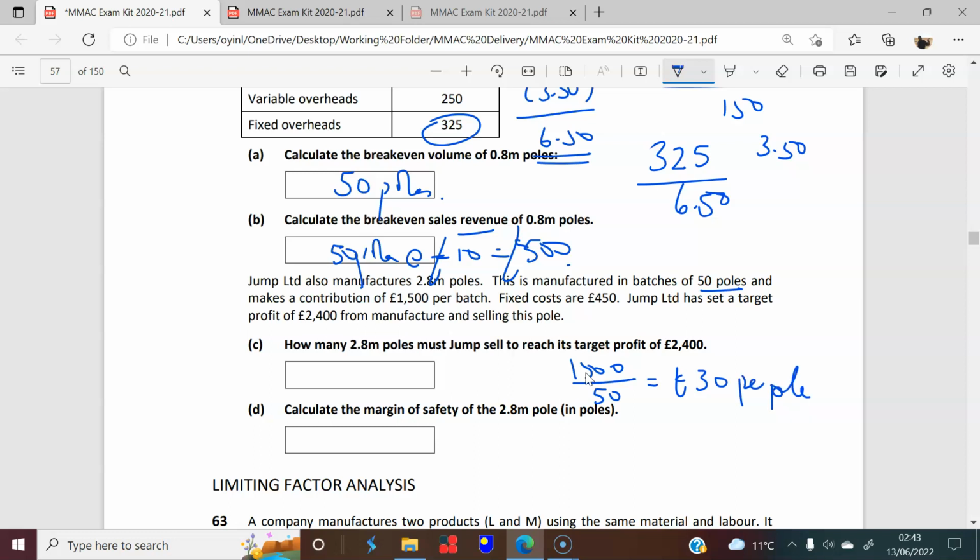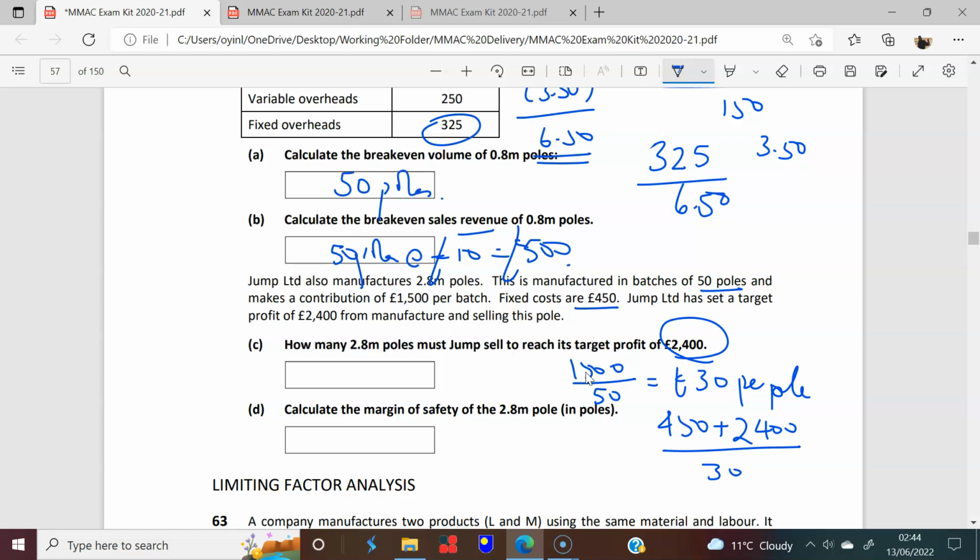That's your contribution. Now you know the fixed cost of 450, and like we've said, once we start talking about target profit, in effect we are turning the target profit into a fixed cost as well. So the number of poles that we would need to sell to hit the target profit, as well as the fixed cost, would be the 450 plus the 2,400 divided by the contribution per unit, which is 30.